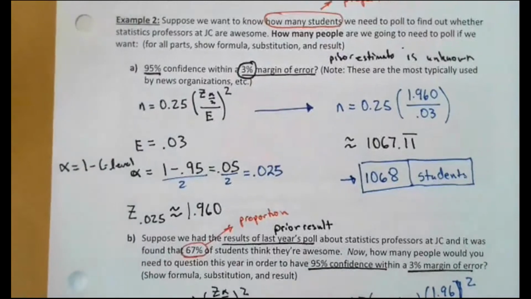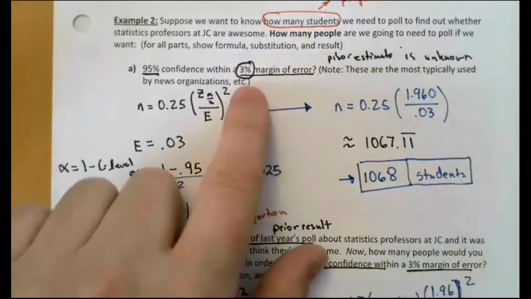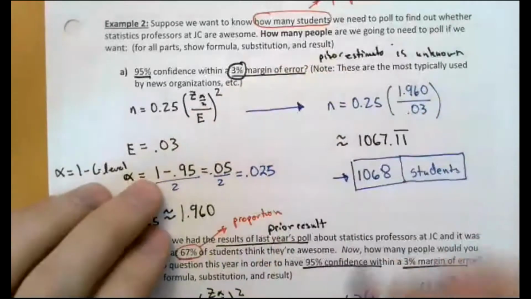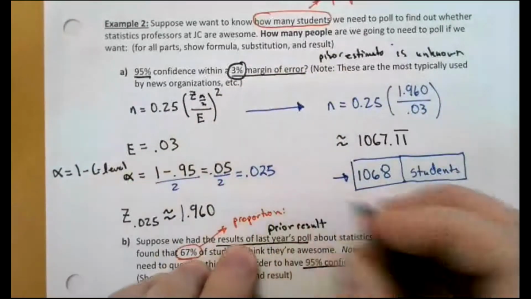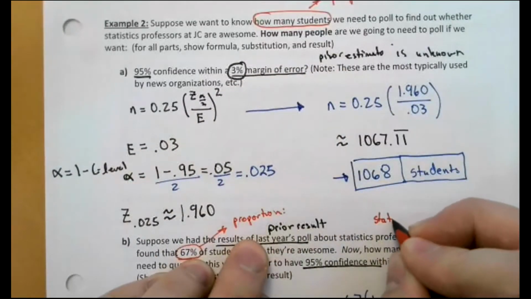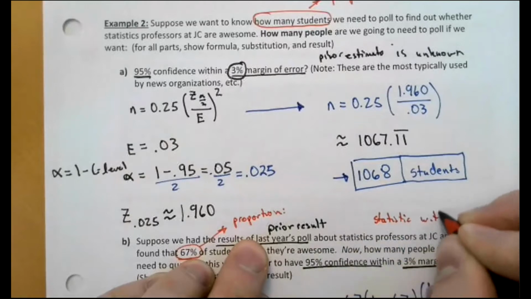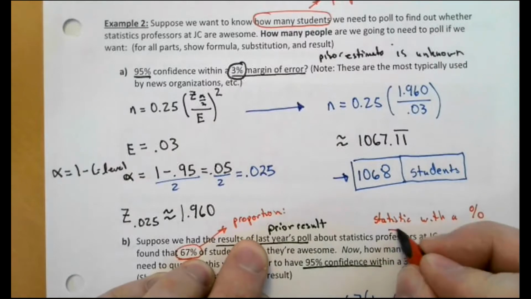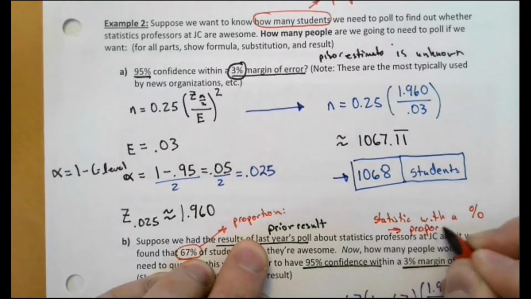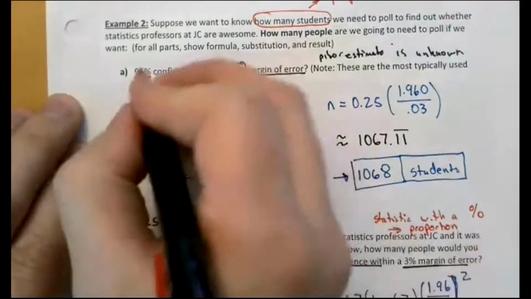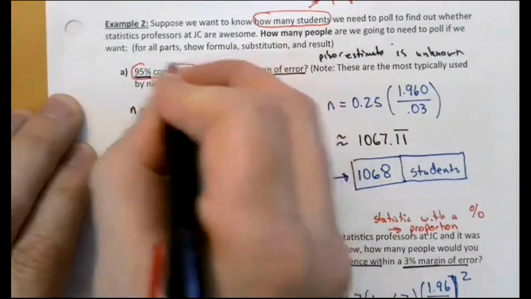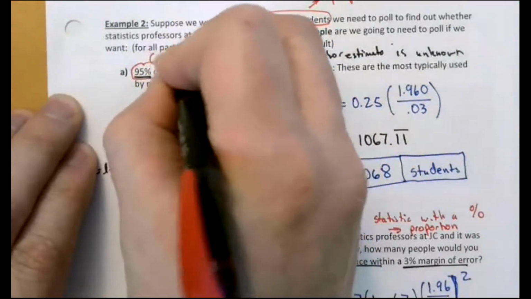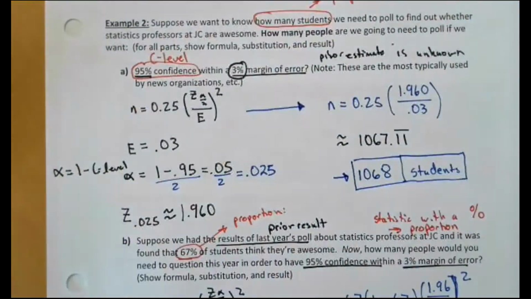So anytime there's a statistic with a percent, or that is a percent, it equals proportion. Yes. Thank you. You're always going to get a confidence level that's a percent, and that is not a proportion that we're talking about. So means will have that 95% in them.